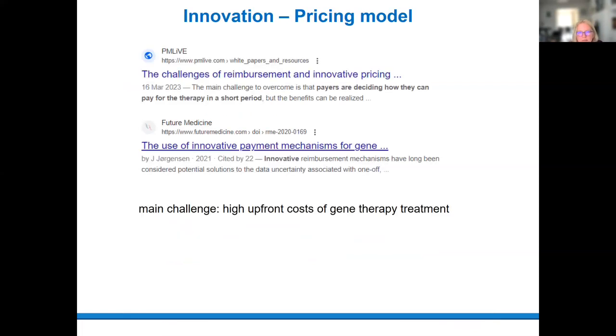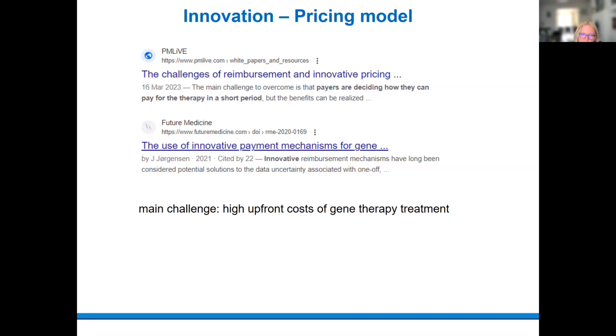Now, costs are an issue, and I mentioned the 3.5 million for the hemophilia drug. What we need are innovations in pricing models, because I think what insurances, and in the UK the NHS, are suffering from is these very, very large upfront payments that are required.